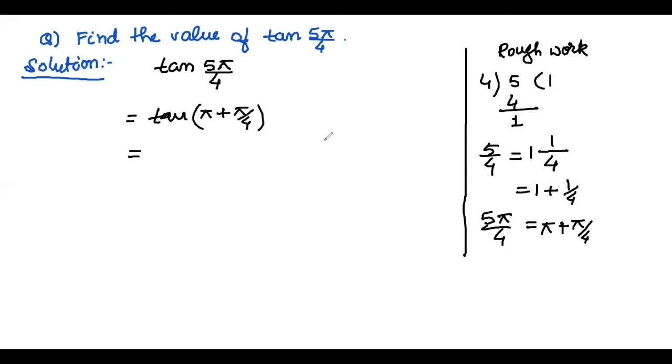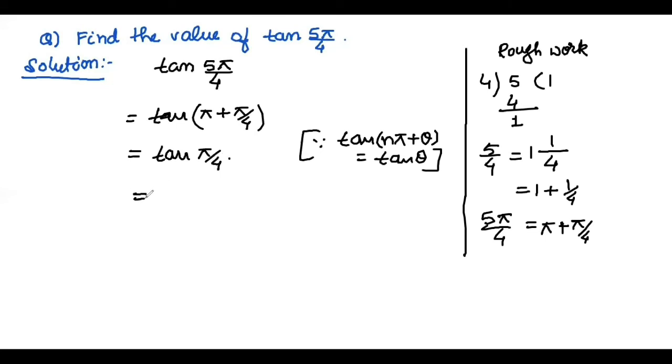And we have tan of n pi plus theta equals tan theta. So we have to use it. Here n is 1, 1 into pi, a multiple of pi. So we can write it as tan of pi by 4. Tan pi by 4, we know that this is 1. So this is our answer.